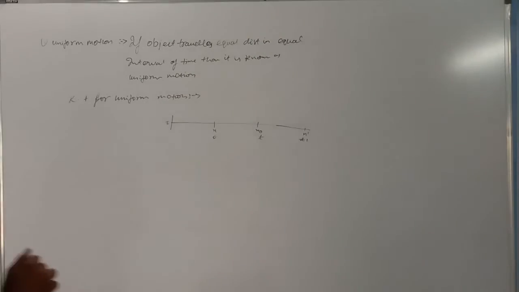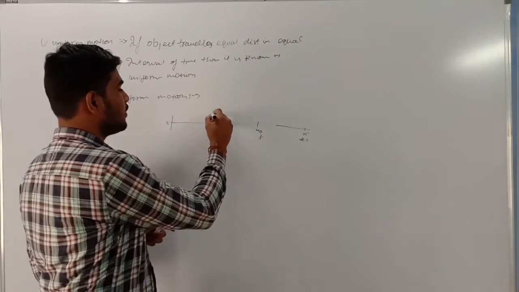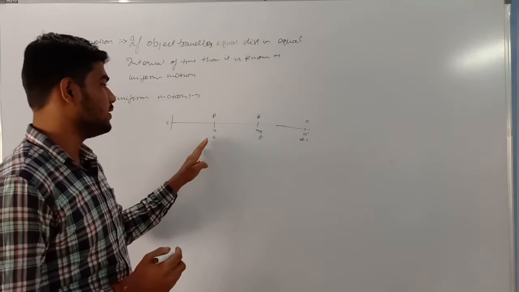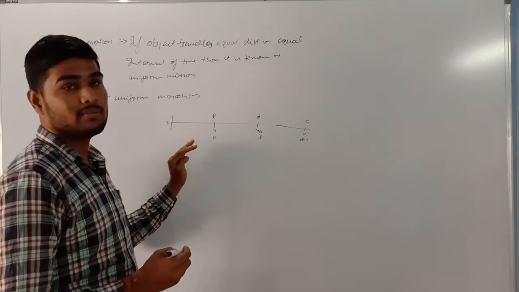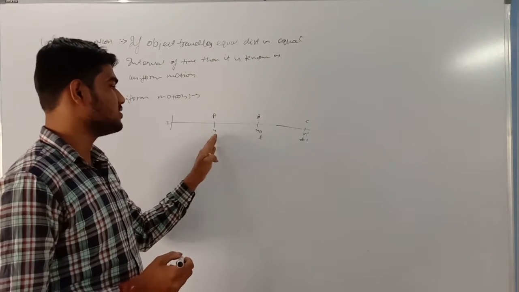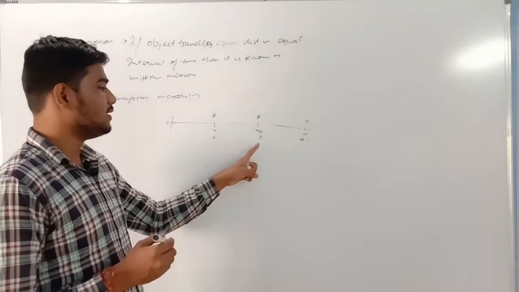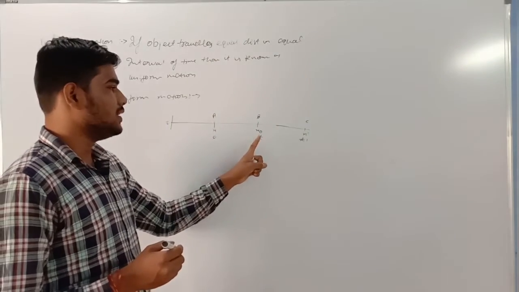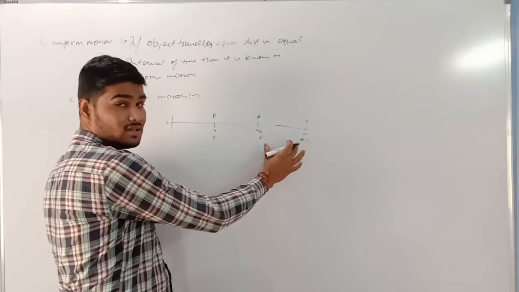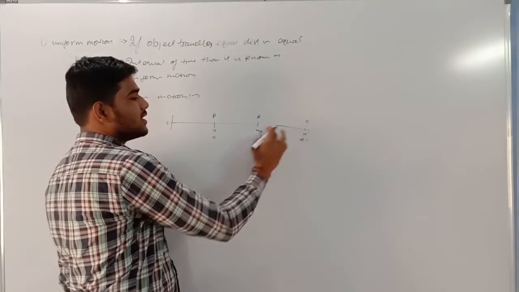We will discuss it. Let's say that an object starts from point A at time 0 seconds, and it moves from point A to B, which is x naught, and the time taken will be t. From B to point C, this interval of time will be t1, and the distance traveled will be x dash minus x naught.